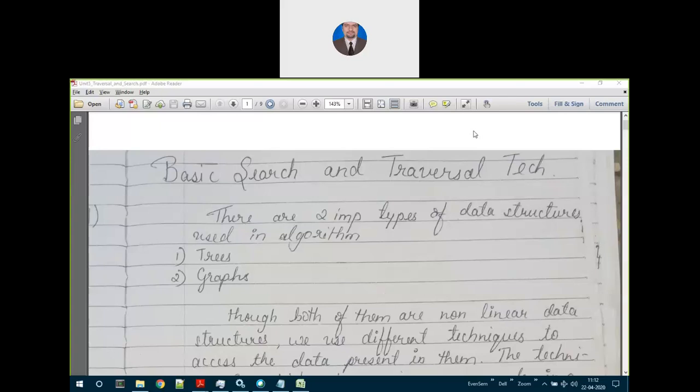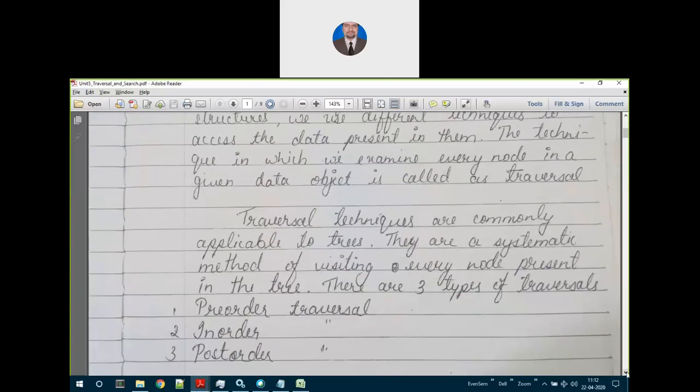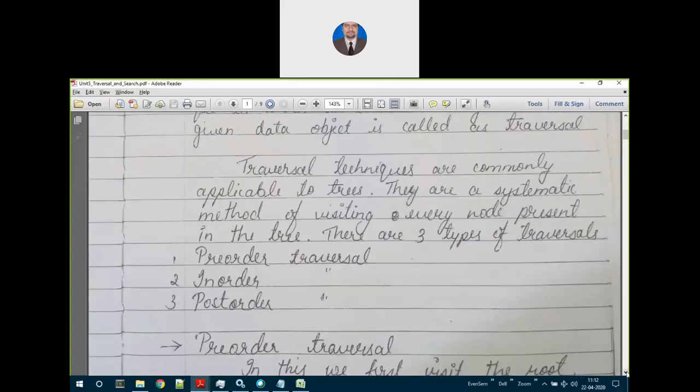Then we call that type of data structure or tree a binary tree. In the binary tree we are going to study different traversal techniques. There are a total of 3 traversal techniques: the first one is pre-order, second is in-order, and the third is post-order.